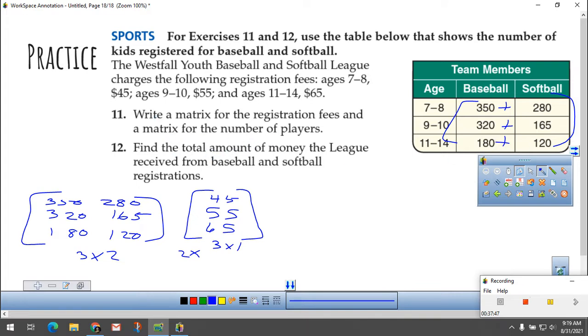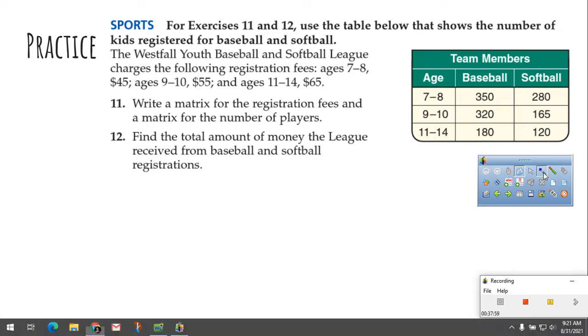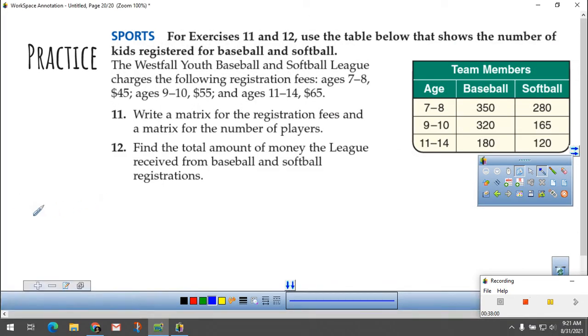Alright, so let's just get a new sheet and let's do that. So 350 plus 280 is 630. So that's the total players for ages 7 to 8. So then 320 plus 165 is 485. And then 180 plus 120 is 300.